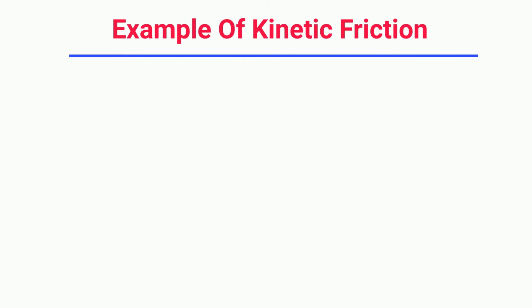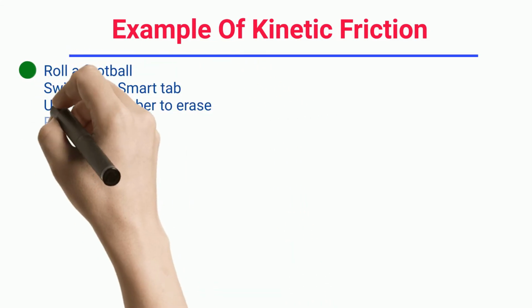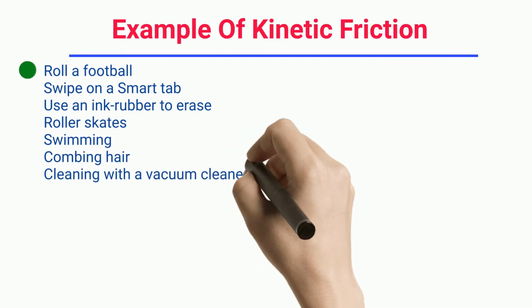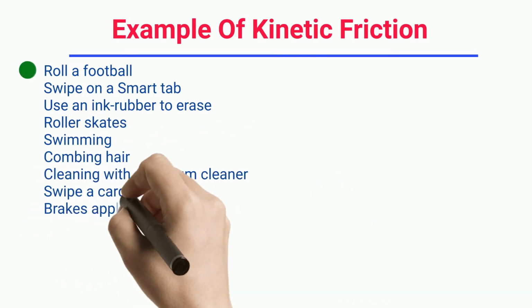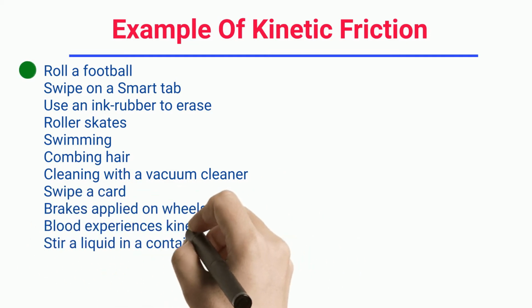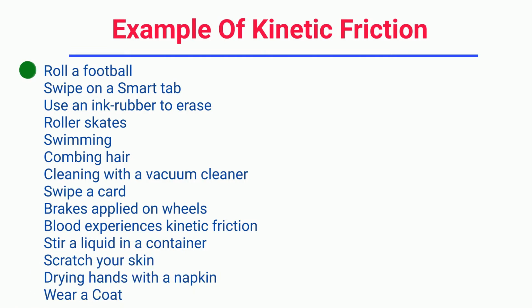Example of kinetic friction. Roll a football. Swipe on a smart tab. Use an ink rubber to erase. Roller skates. Swimming. Combing hair. Cleaning with a vacuum cleaner. Swipe a card. Brakes applied on wheels. Blood experiences kinetic friction.